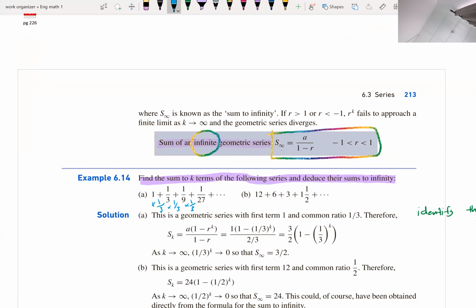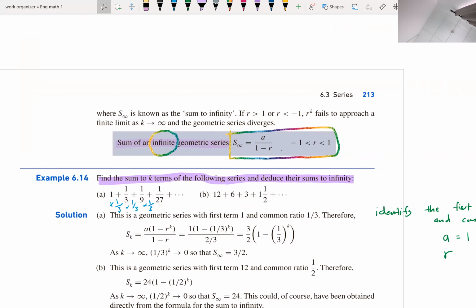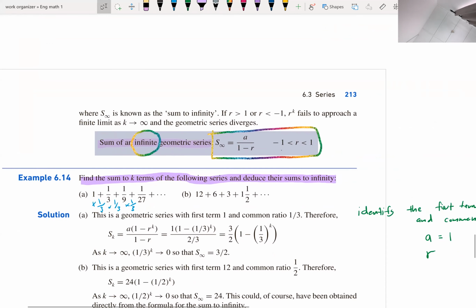This is where we last stopped, which is at S infinity, sum to infinity. This is the formula: sum to infinity equals a over 1 minus r, where a is the first term and r is the common ratio.